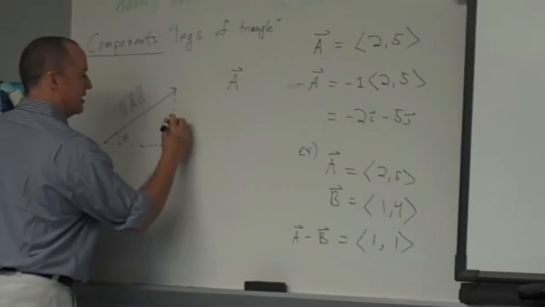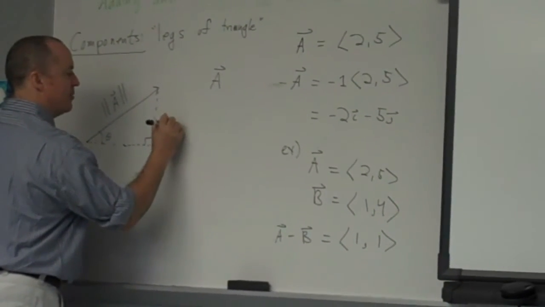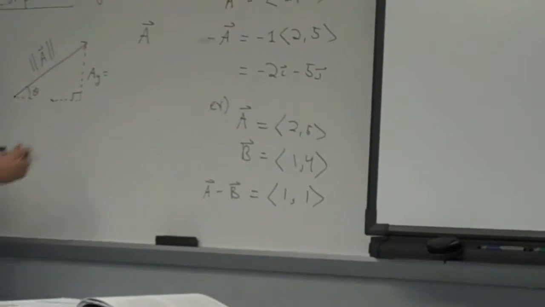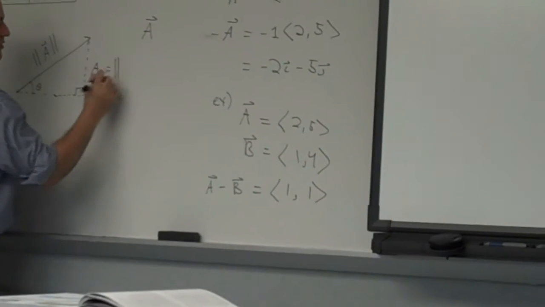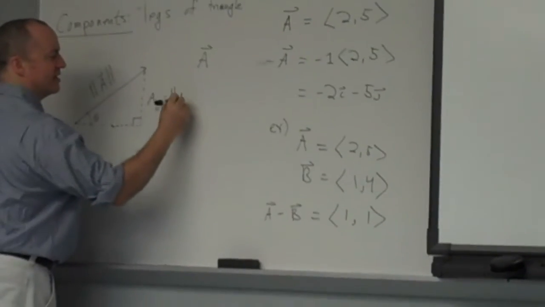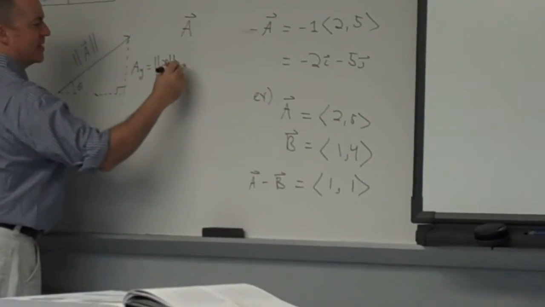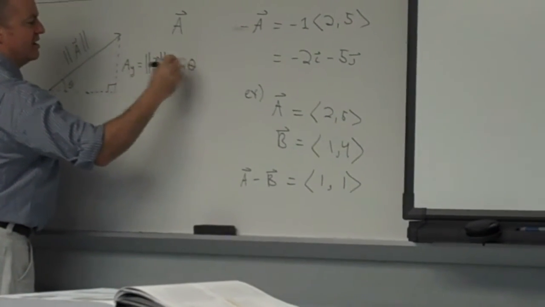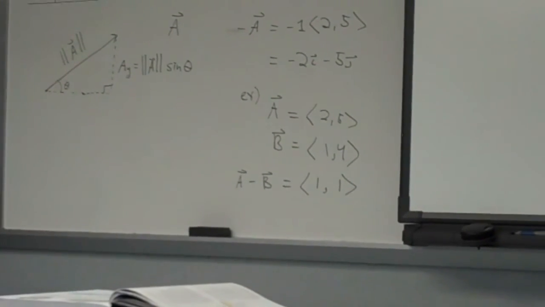Okay, here we have A sub y, to use the book's notation. And A sub y has a magnitude. If you want to find out how high this is, find the magnitude of the vector and multiply it by the sine of this angle theta.